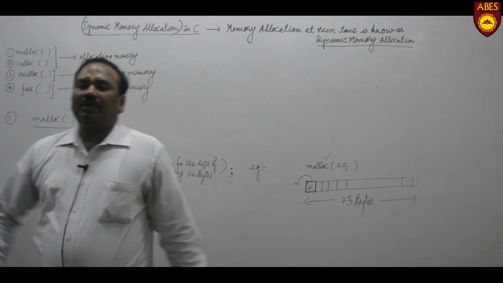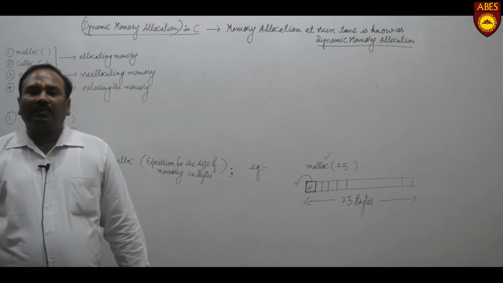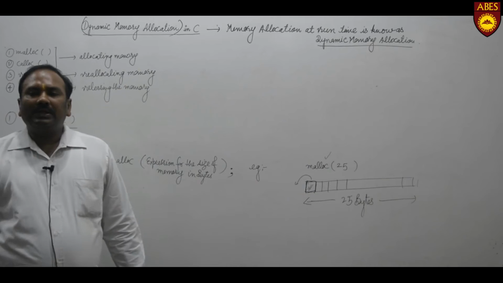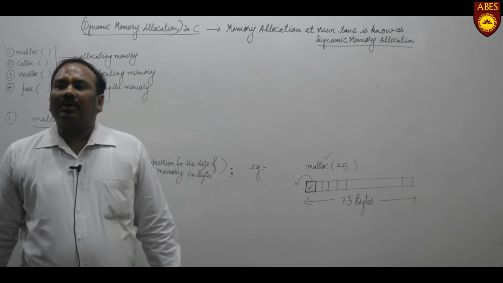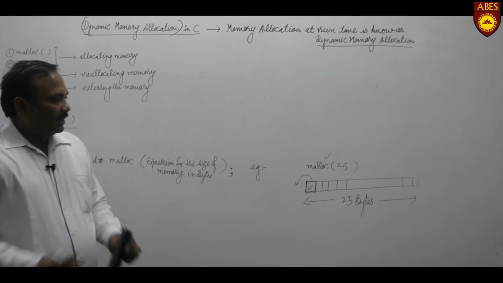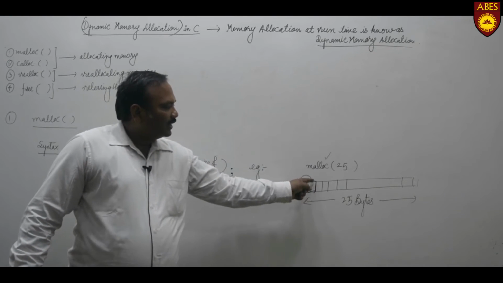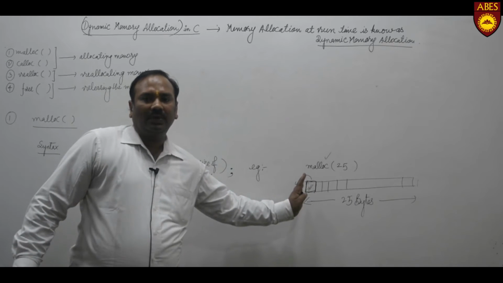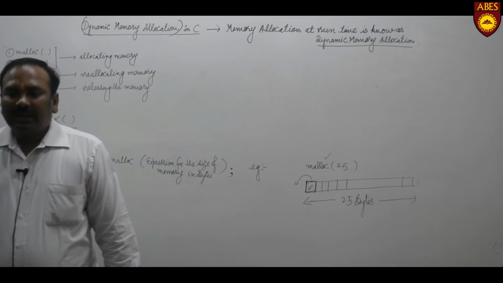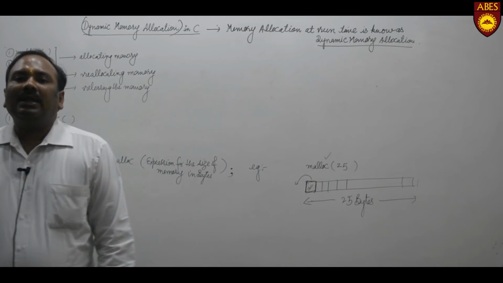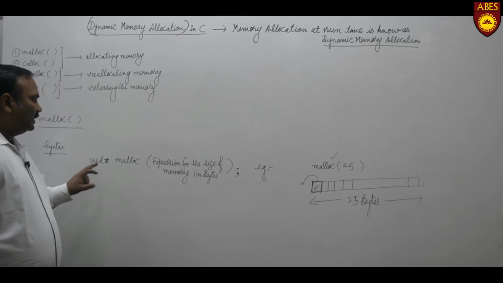It is not always possible that malloc serves us successfully, so there is a provision to check whether memory is actually allocated or not. If memory is allocated, then we get the address of its first byte where it starts. If memory is not allocated successfully, then malloc simply returns null. So this is the purpose of the void pointer.